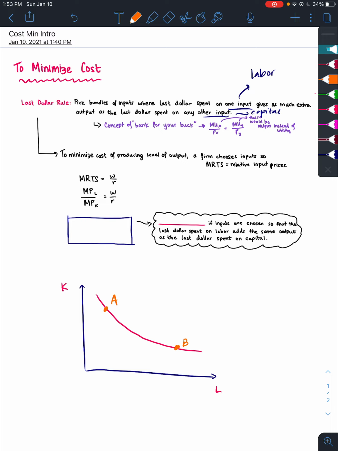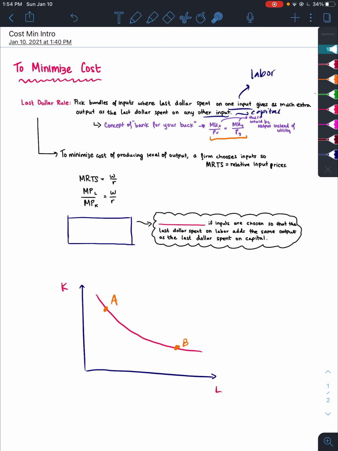To define bang for your buck, another way of writing it is the marginal utility of X over the price of X has to be equal to the marginal utility of Y over the price of Y. This entire equation is very important when we're trying to solve our problems, which you'll see in the next video.